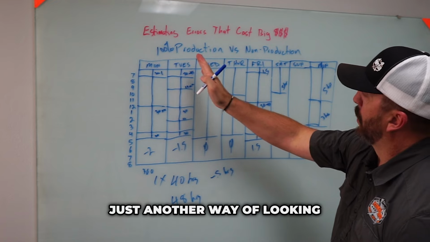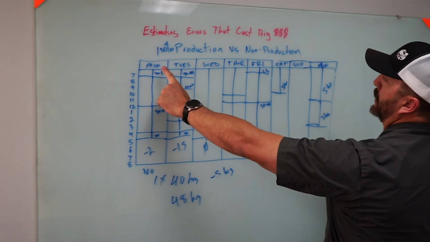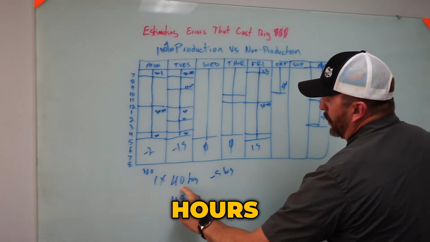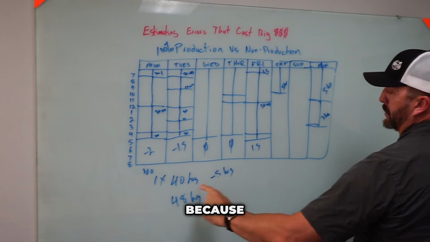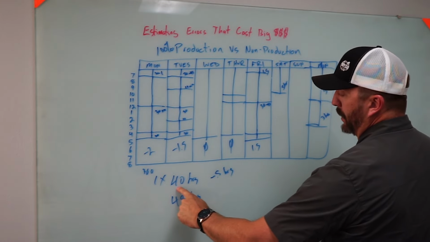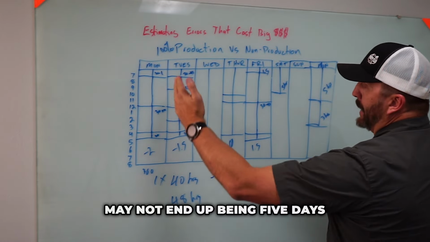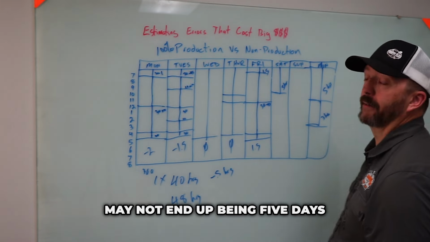Also, just another way of looking at it is not how many hours it's going to take you, but how many days, because 40 hours of man hours may not end up being 5 days of work.